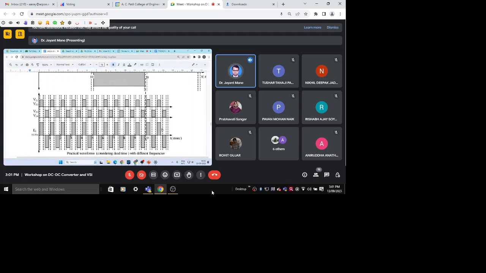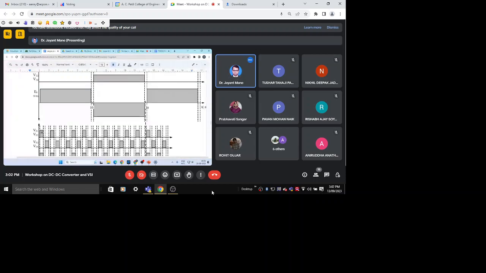If this is the time, one cycle of it takes less time. This inverter can drive motors upon the need.